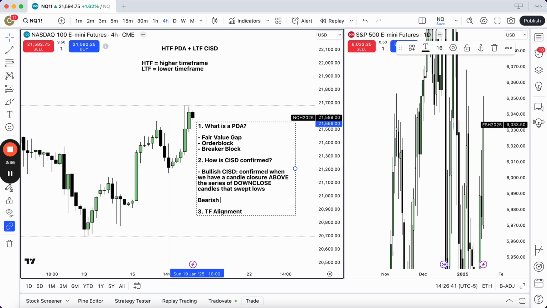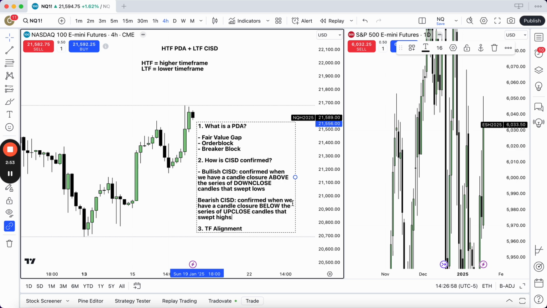A bearish change in state of delivery is confirmed when we have a candle closure below the series of up close candles that swept highs.